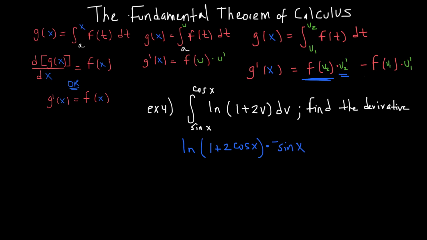And then the theorem continues, minus, go back to your integrand, write it down again. And now v becomes sine x, which was the lower limit. And then times the derivative of the lower limit, cosine x. So there you can see how the pieces correlate to each other.